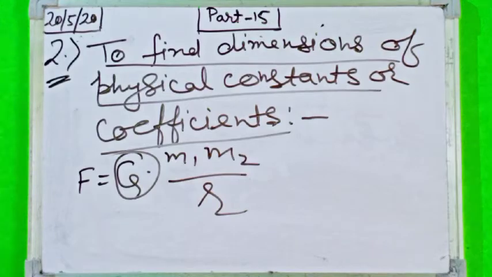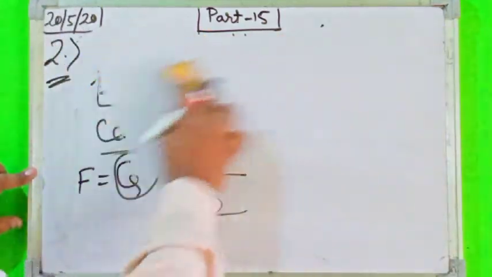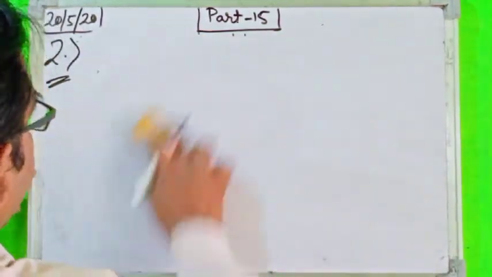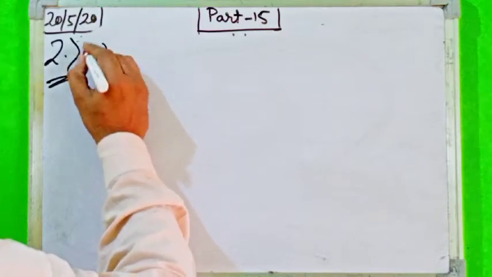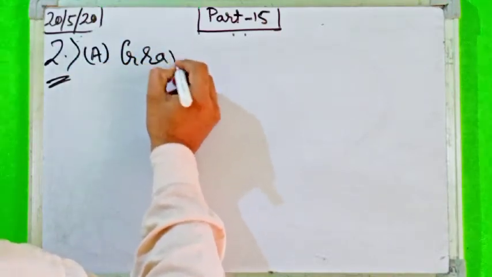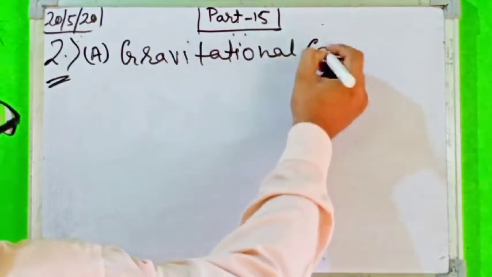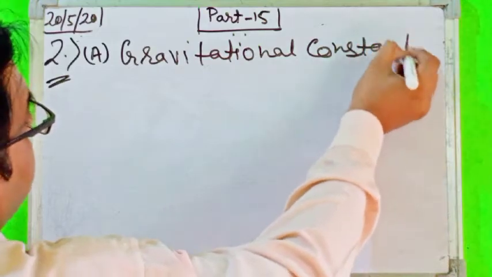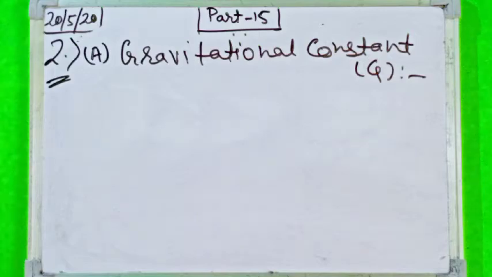So first we will find the dimension of the gravitational constant, capital G. There are two approaches.